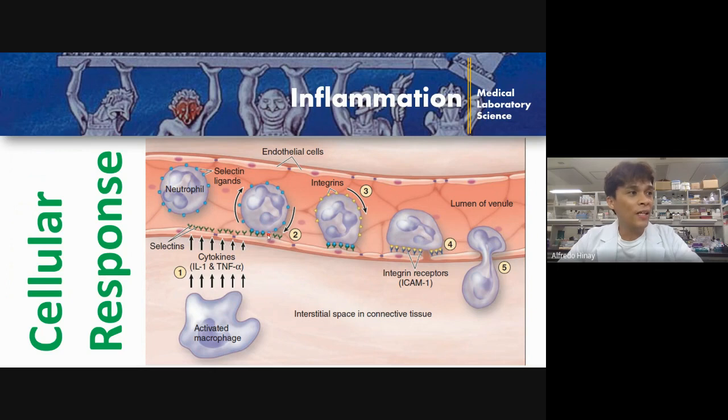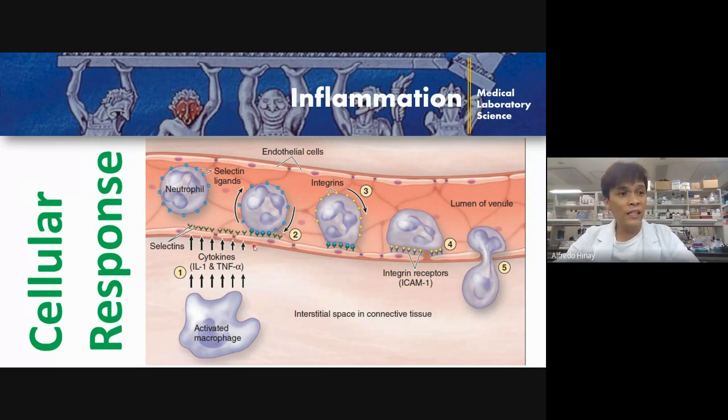After the neutrophil binds with your selectin through your selectin ligands, it will overexpress your integrins. Your integrins are not normally present unless you have selectin ligand and selectin binding. Once they bind, you have overexpression of your integrins. Then, what's the function of your integrins?